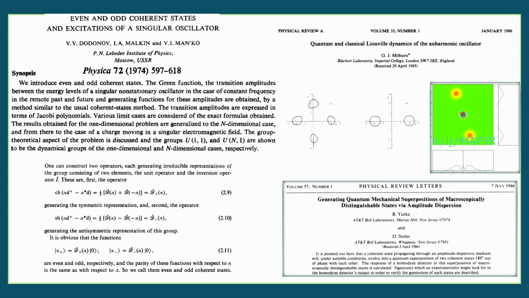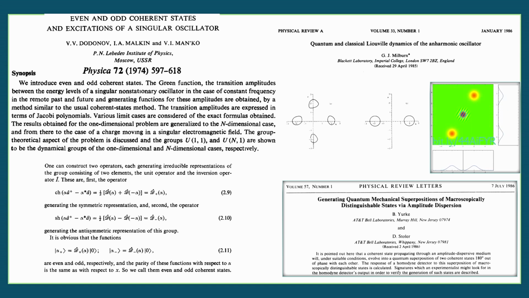Then the idea of superposing two coherent states didn't come up until, on the left you can see, a paper by Dodonov, Malkin, and Man'ko. This is the first paper I can find that talks about a superposition of coherent states. It's done in a mathematical physics way, so I won't go through it, but essentially they're tying this with the group U(1,1), U(N,1), and so on.